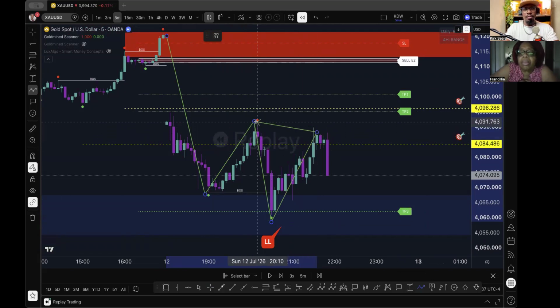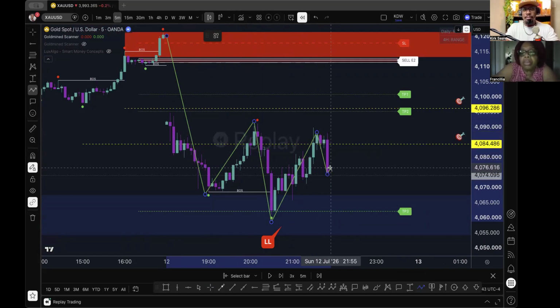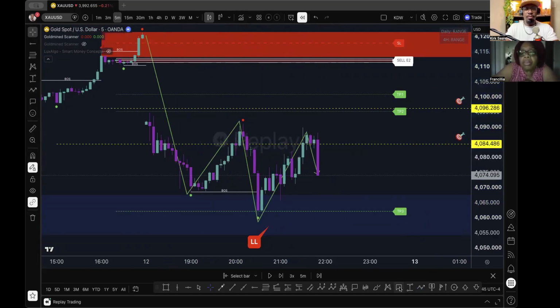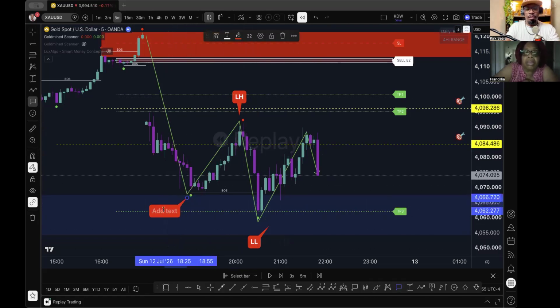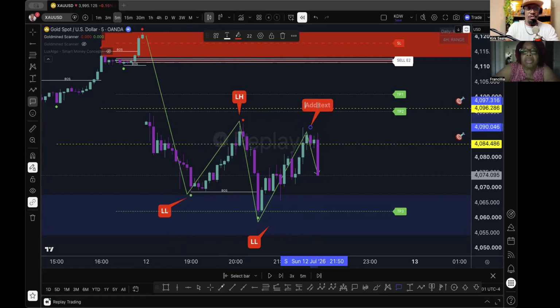This high is lower than this high, so this is also a lower high, and price started to push down. So let me know, guys, based on what you're seeing, are you seeing things that indicate the structure for a downtrend, a bearish trend so far?